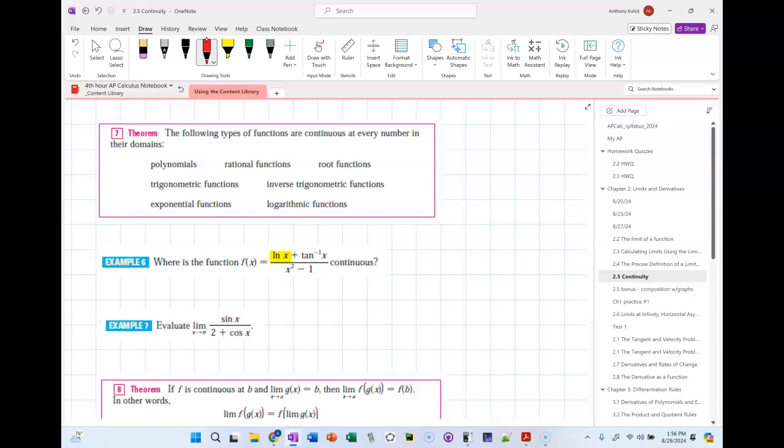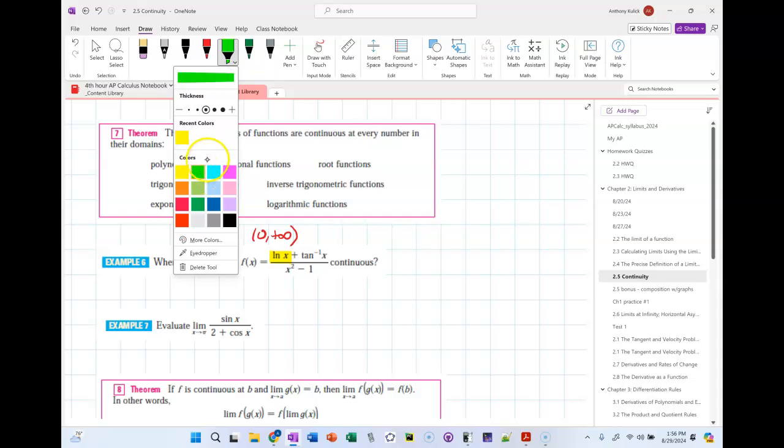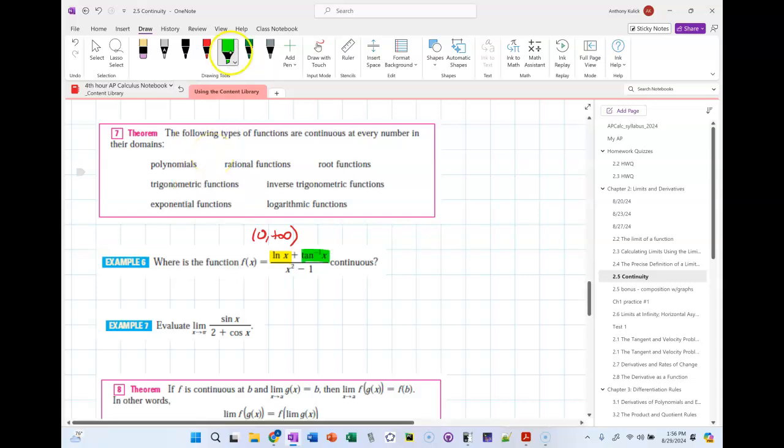What's the domain for a natural log of x? It can't be negative, and it also can't be 0. Yeah, very good. What's the domain for tan inverse?